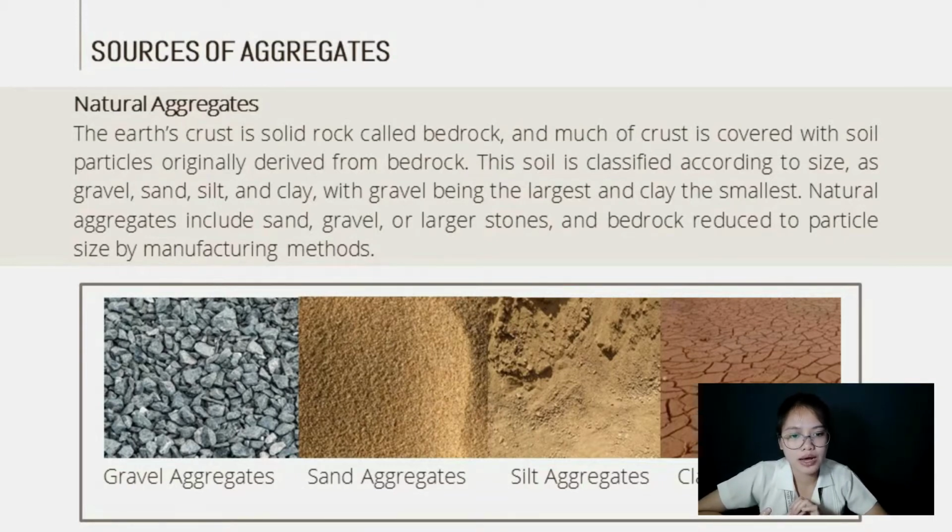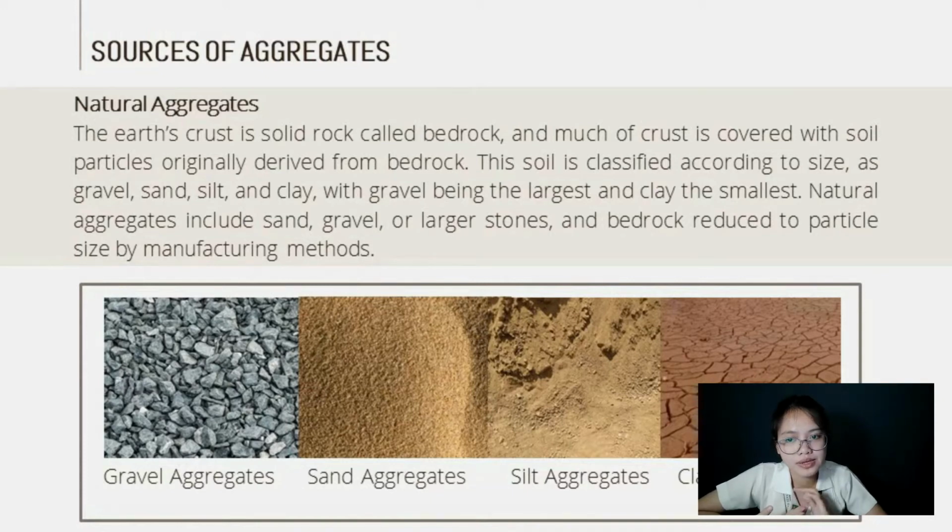For example, aggregates are crushed, and again, reduced in size, because different constructions require different sizes of aggregates, or have standard sizes of aggregates that they use.